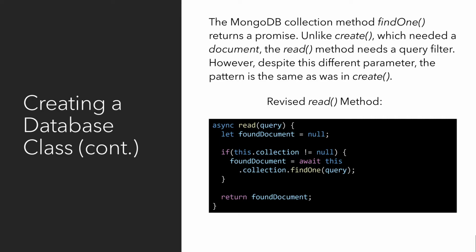But if this.collection is not equal to null, the find1 method can be used on the query and it will be overwritten. Otherwise, the initial null value or the overwritten null value will either be returned as a variable found document within the now adjusted read method for the database class.